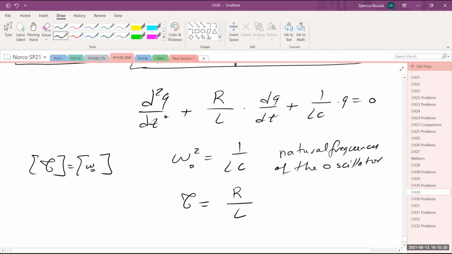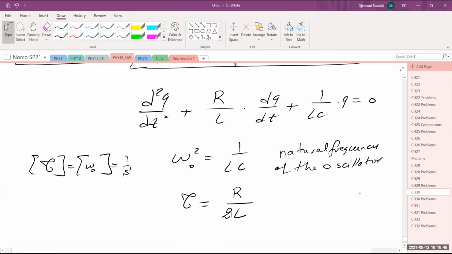Omega naught squared is 1 over second squared, whereas tau is 1 over second. So this is something worth remembering, because if we're going to compare things, we better compare apple to apple. And as a matter of fact, I'm going to divide it by 2 and define that as tau. So this is actually more appropriate to do the 2 in the denominator, and you will see clearly why that is.